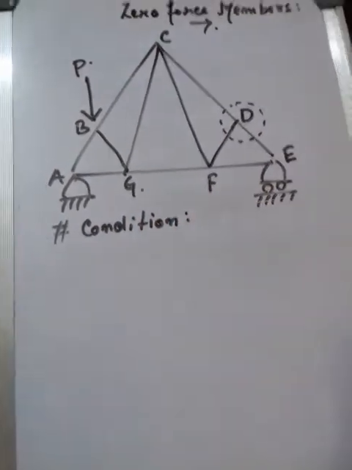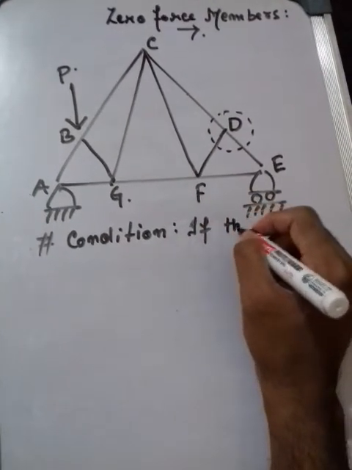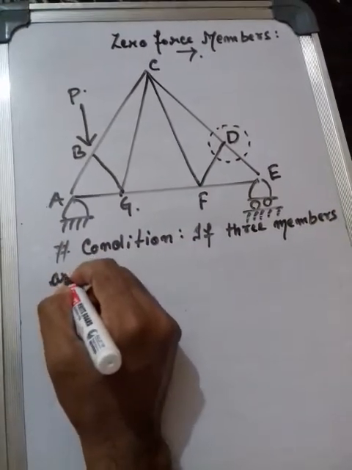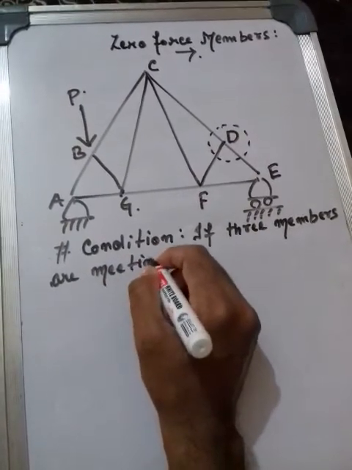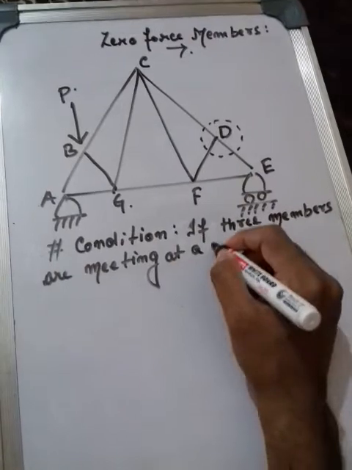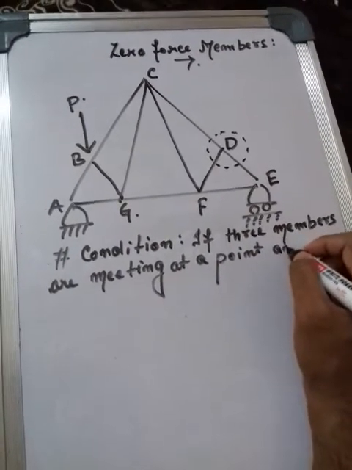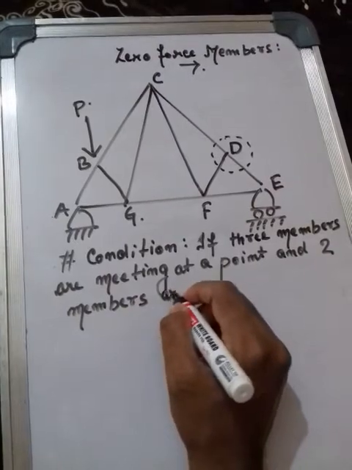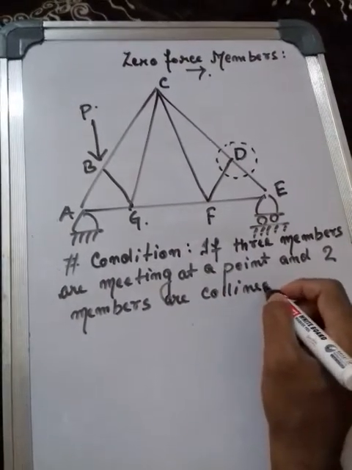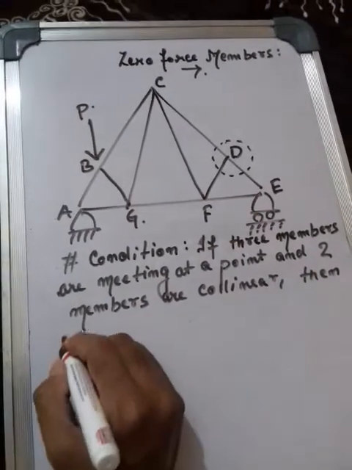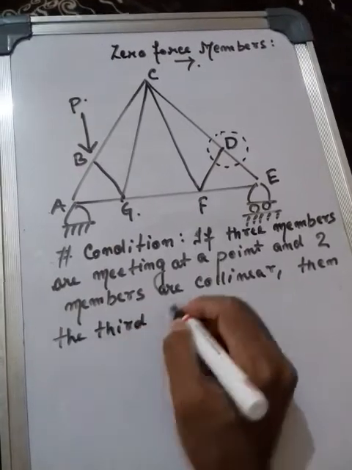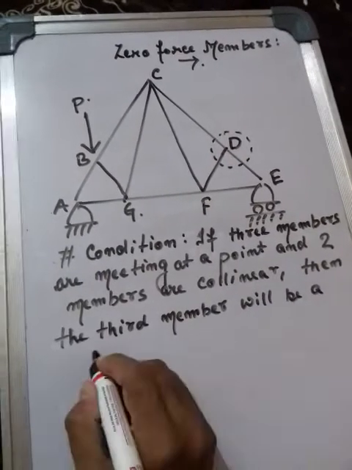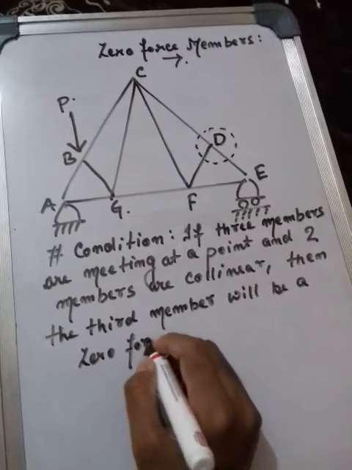The condition is something like this: if three members are meeting at a point and two members are collinear, then the third member will be a zero force member.